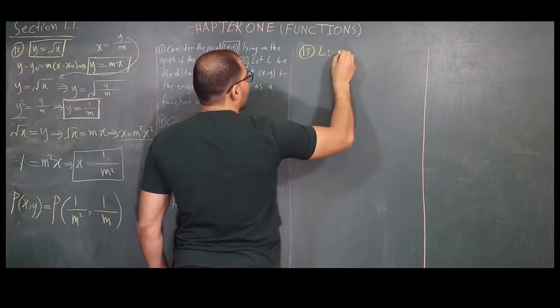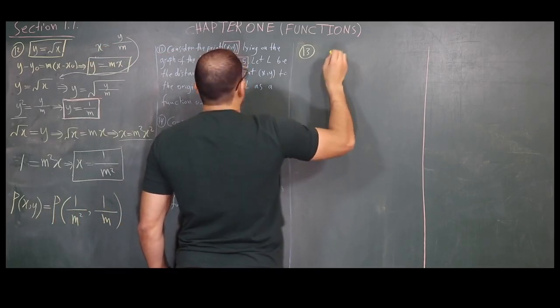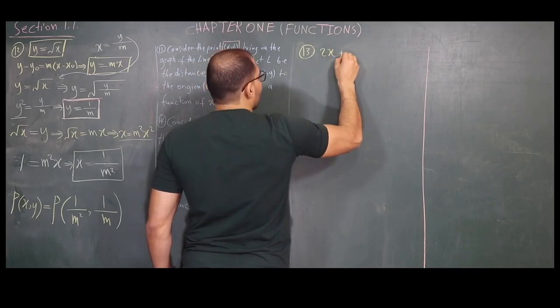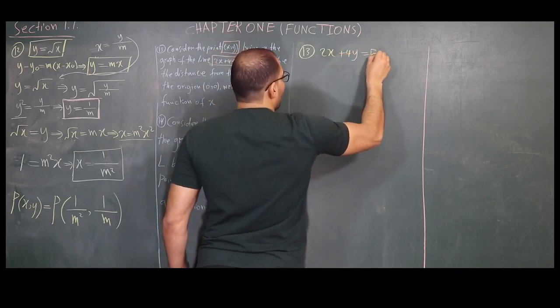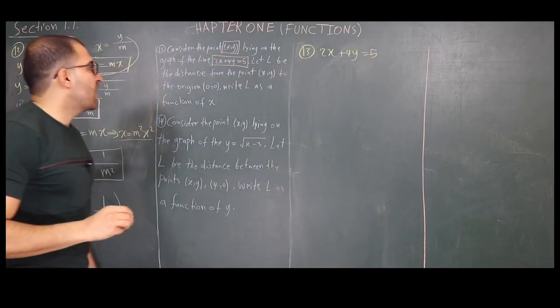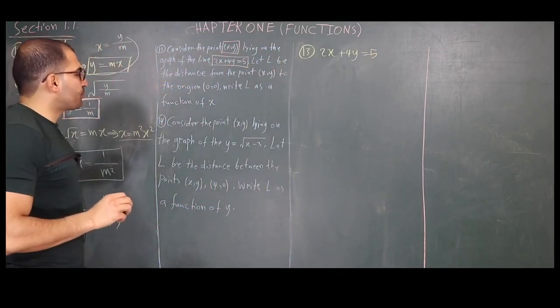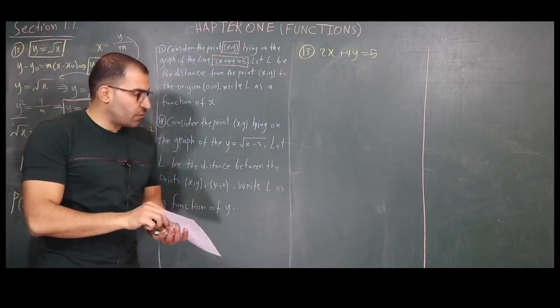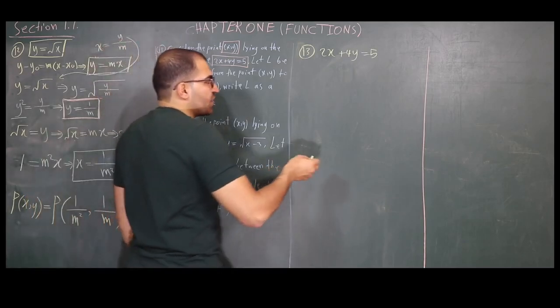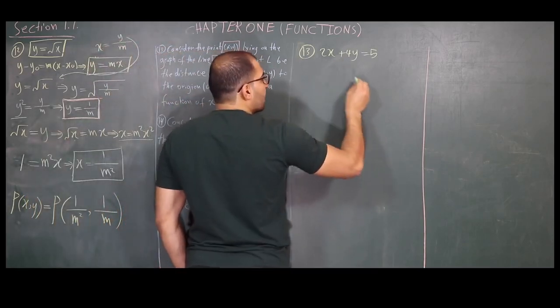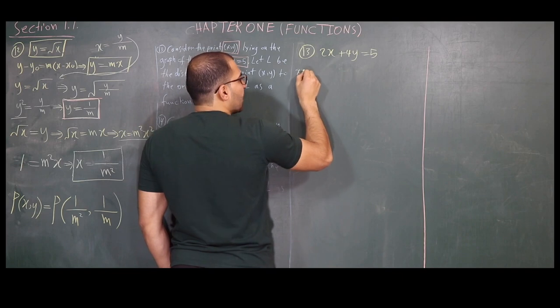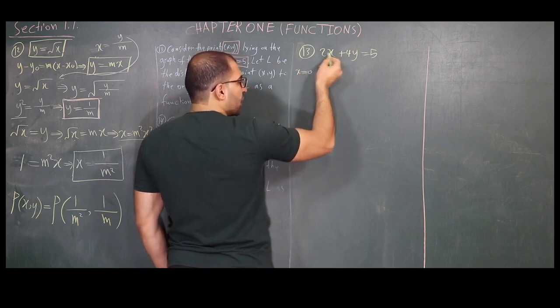First we have the line 2x plus 4y equal to 5. To plot this line, just to make things easier, you can first put x equals 0 here.